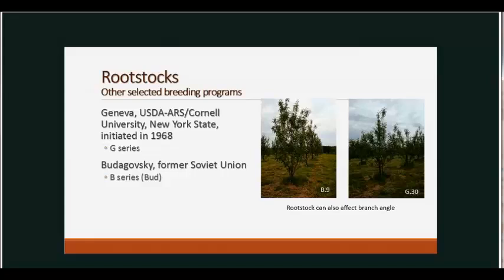If you look, you can see that there is a difference in branch angle. The G30 has a tendency to have a more open tree, wider branch angle, compared to the B9, which is a more upright, tighter looking tree. And that is one of the characteristics that you'll see listed for rootstocks: their effect on branch angle.